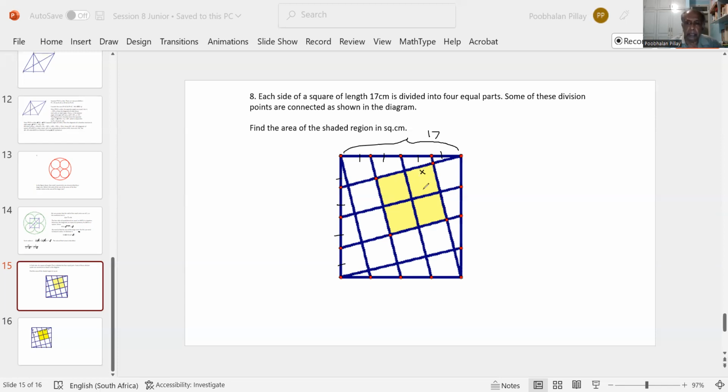Which means that the area of that small square is x squared, and the area of the shaded region, this is what we need to work out, is 4x squared, because each square has got area x squared. So we need to calculate 4x squared. So how do we do that?